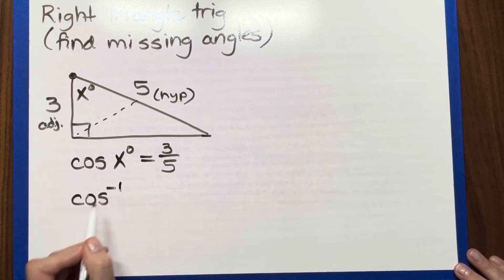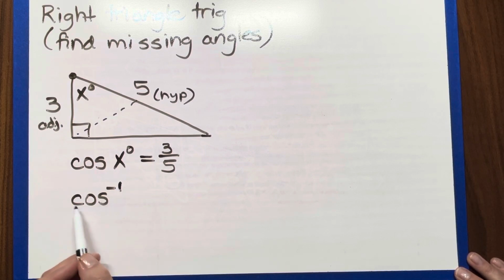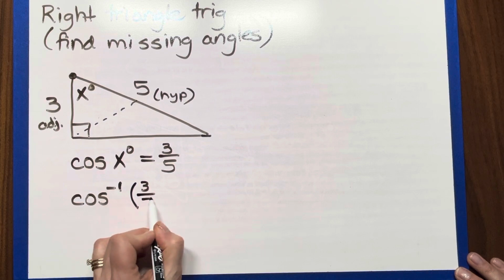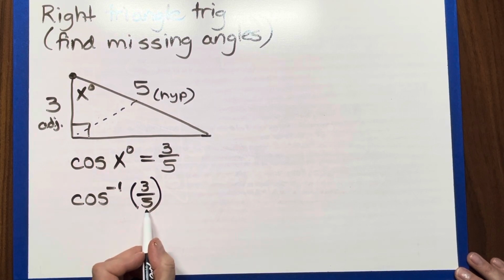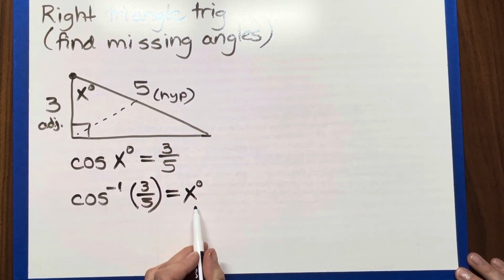On your calculator, you have what's called the inverse cosine function. And when you're using this inverse cosine or inverse sine, whichever trig function you're using, you are going to tell the calculator, this is the trig ratio, I need you to tell me what the angle is.